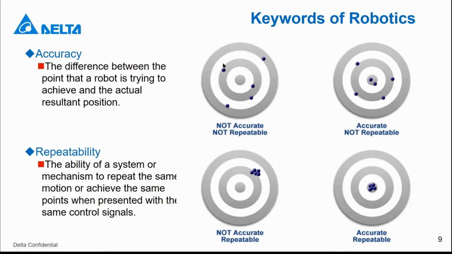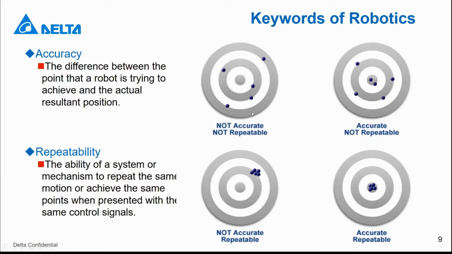In the first picture, you can see the middle is our target. We want to reach this center point, and all those blue dots are where the robot reached. You can see the dots are not on the target we want, and they are really random.